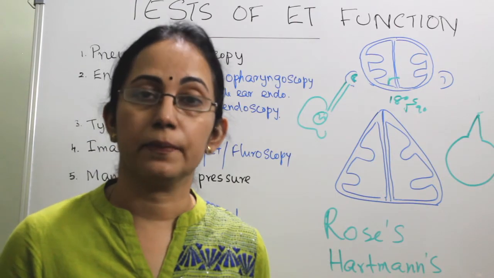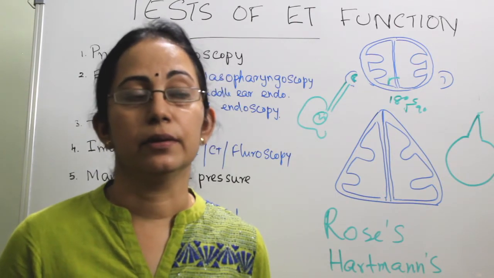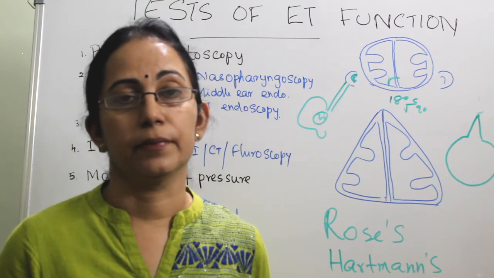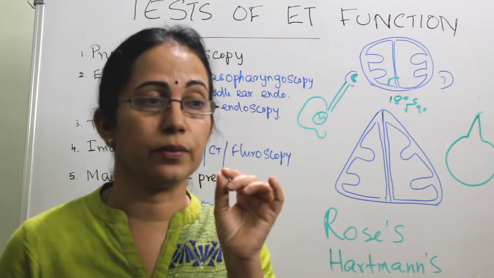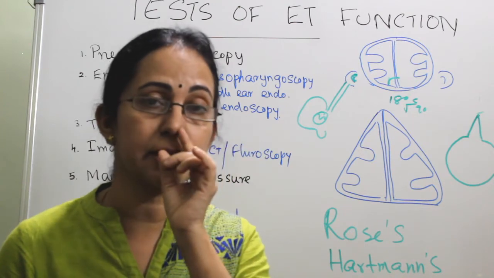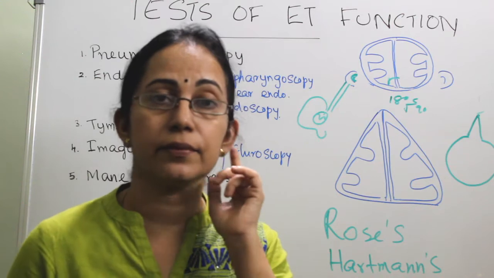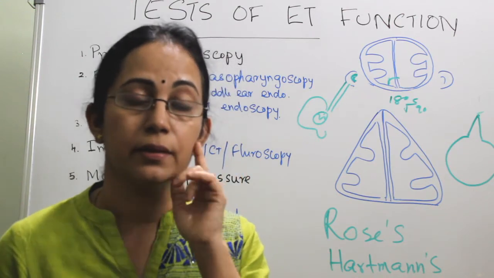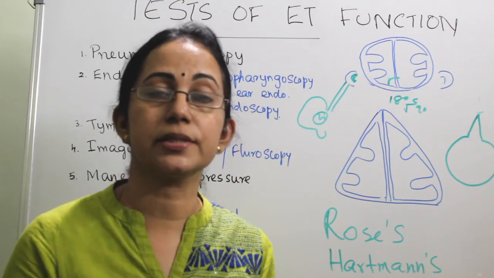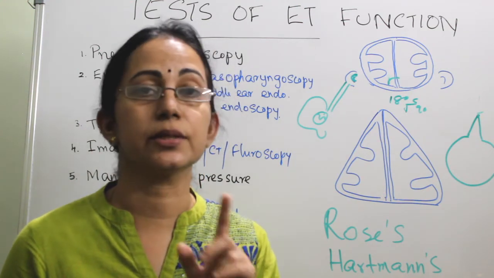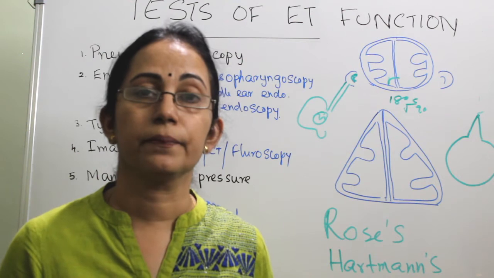If there is fluid in the middle ear, a bubbling sound will be heard. And a whistling sound: if there is a nasal block, you will hear a whistling sound from your nose. Like that, if on auscultation you hear a whistling sound, that means that there is obstruction to the Eustachian tube.